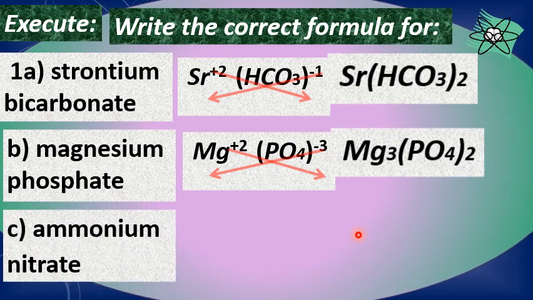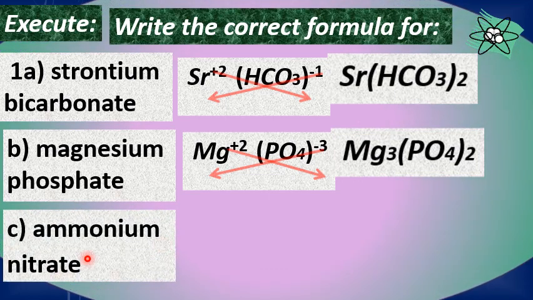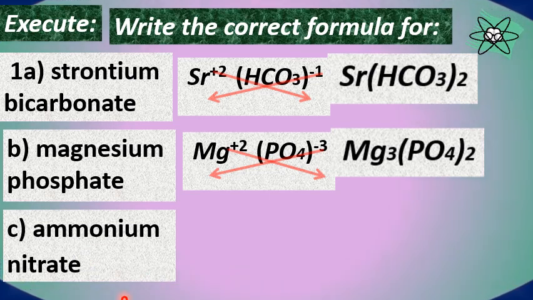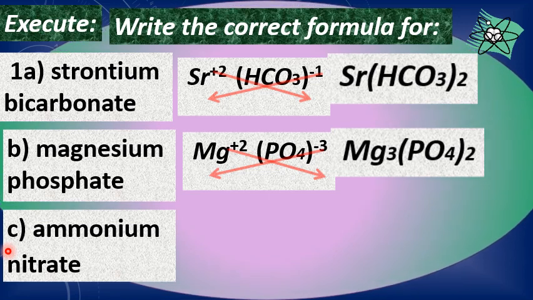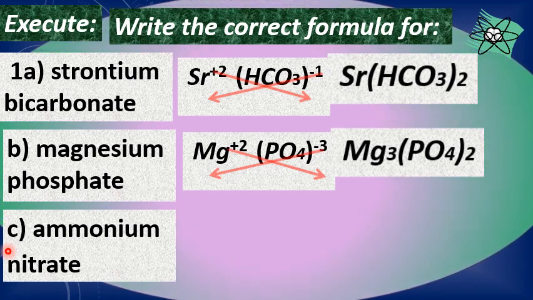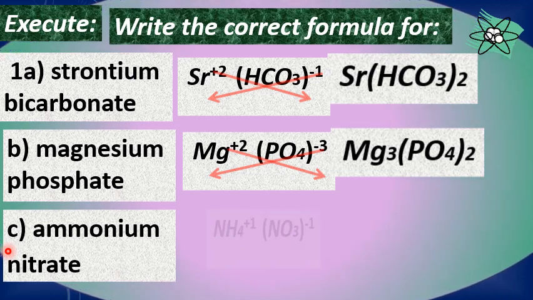Question letter C, we are given the compound ammonium nitrate. Ammonium nitrate is a compound composed of 2 polyatomic ions.